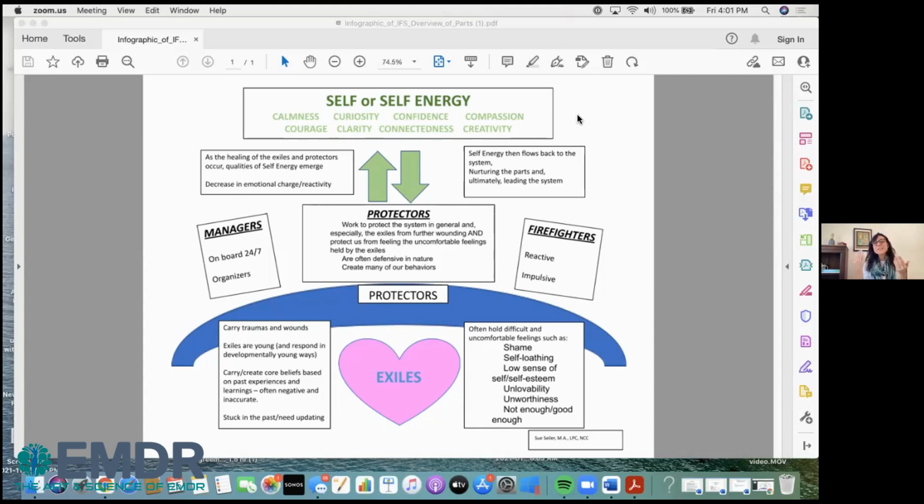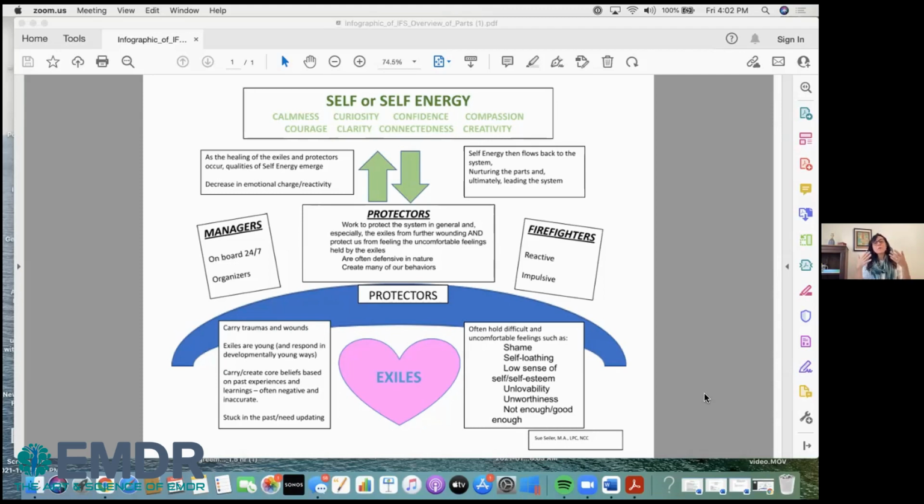And so I have found, too, the very best way to know how to really welcome a firefighter that I absolutely don't like in a client, maybe one that scares me, like a suicidal one, or one that annoys me, like one that just won't stop drinking or cutting or starving themselves, even though it doesn't make any sense. We can't logic those away.